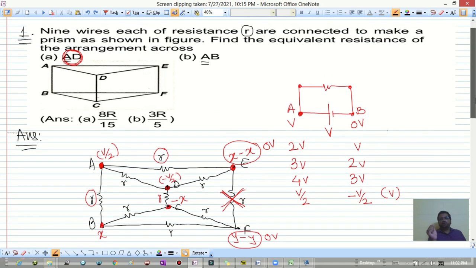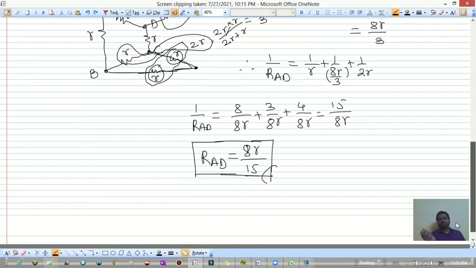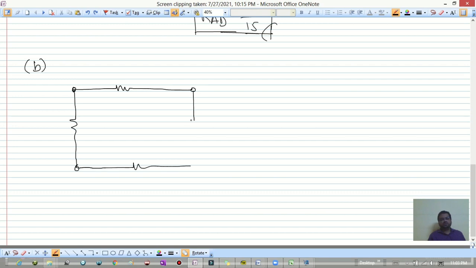Okay. So the next one we have, and that is the B. Across AB we want. So same method you have to apply. I'll redraw the circuit over here. So this is the first resistance, second resistance, third resistance, fourth resistance.